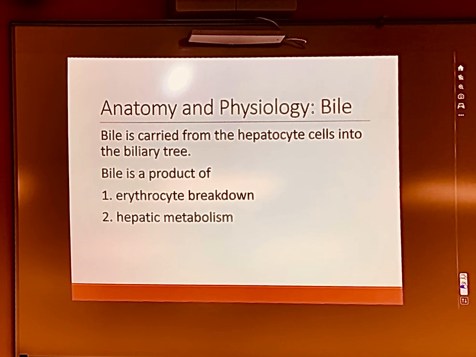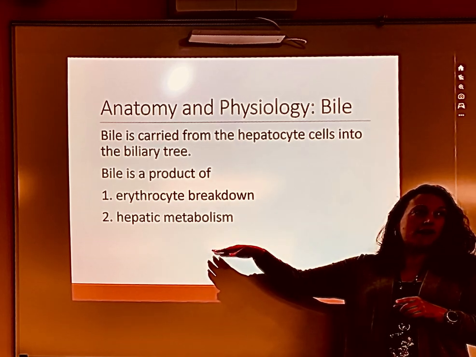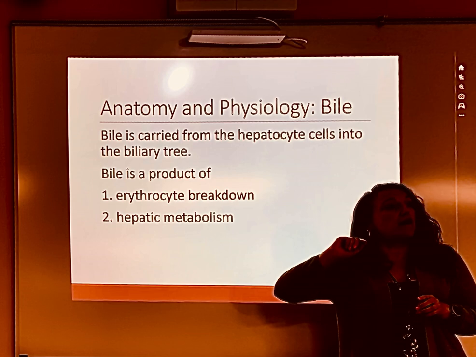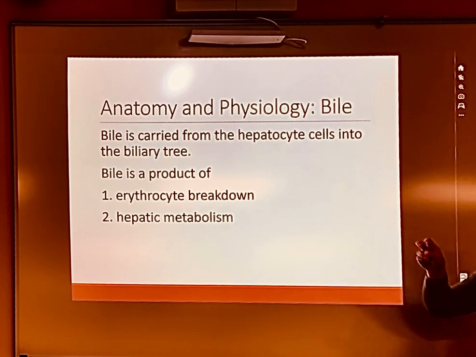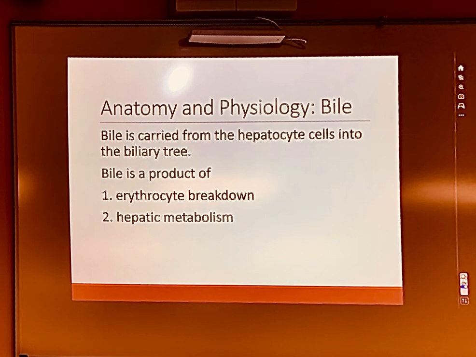Their labs are going to be elevated, which means your hepatic metabolism is going to be decreased, which means you're going to have more bile in the blood. Your bilirubin is a key component inside that bile, and your bilirubin is going to be higher, right?